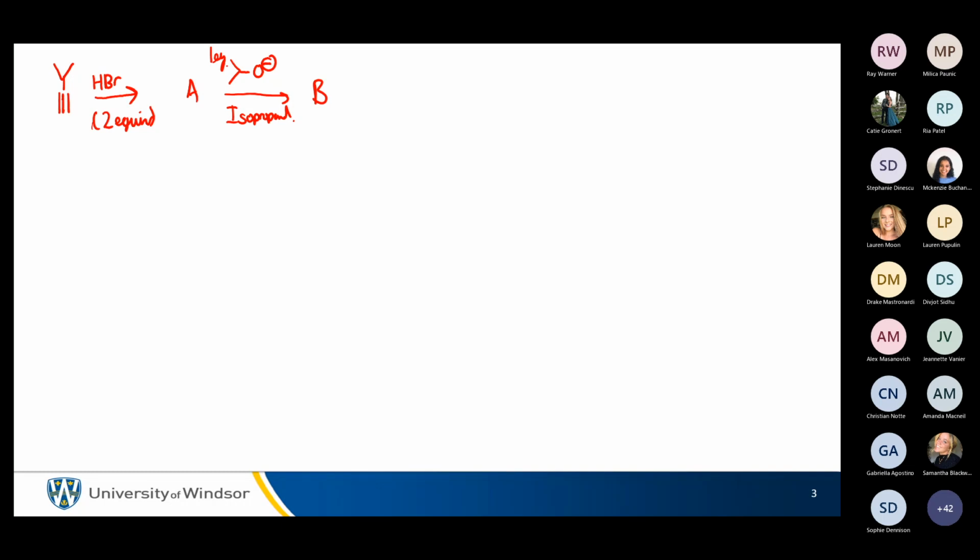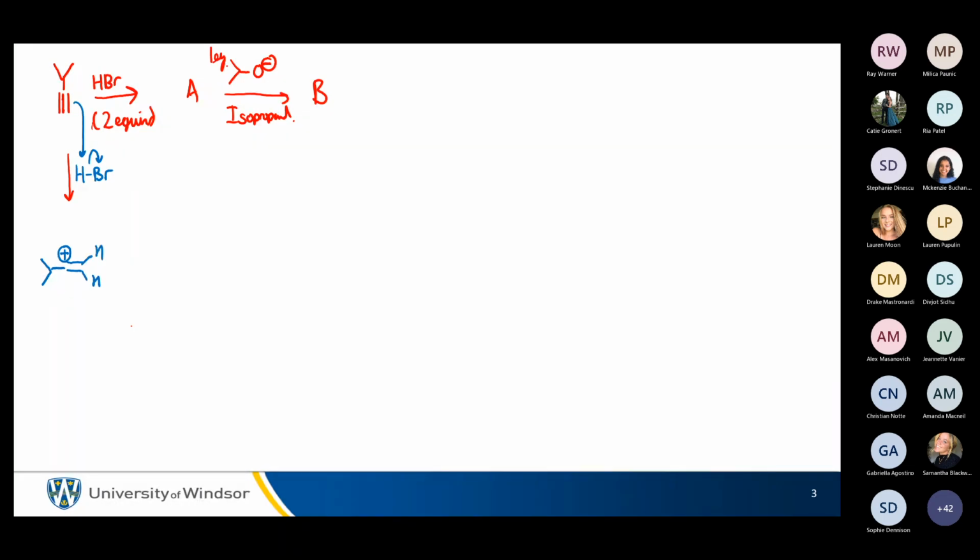So a triple bond acts like a double bond. If this was a double bond, you would add HBr Markovnikov. If it's a triple bond, you add HBr Markovnikov. It's no different. So you'd add a positive charge here, and you would have an H here.